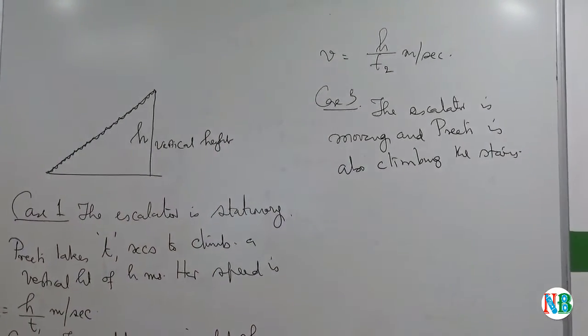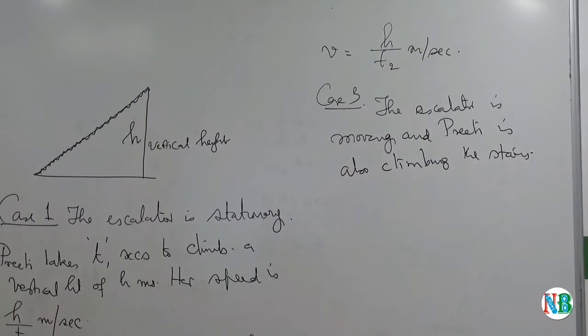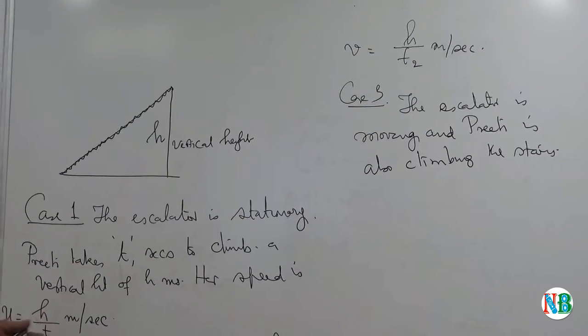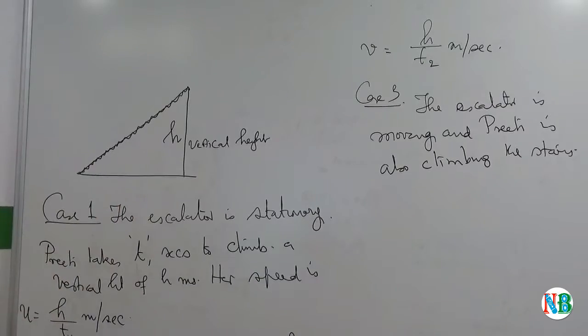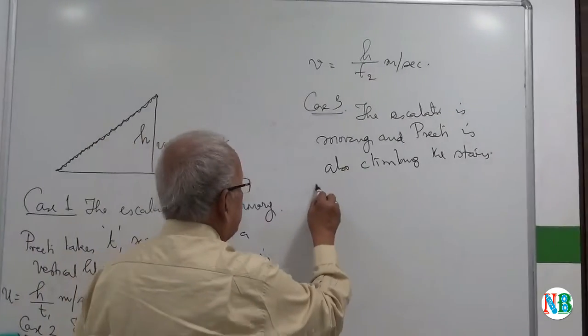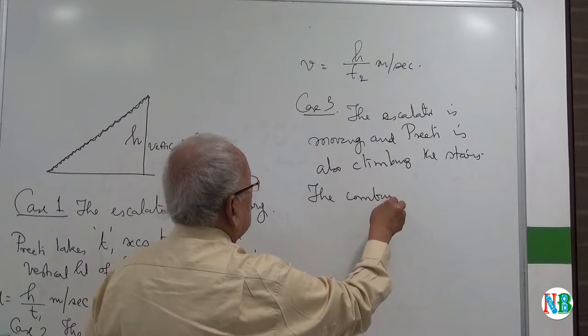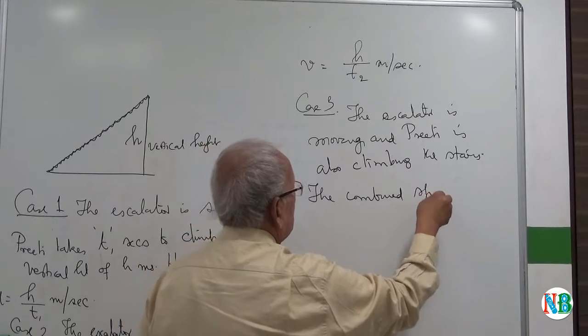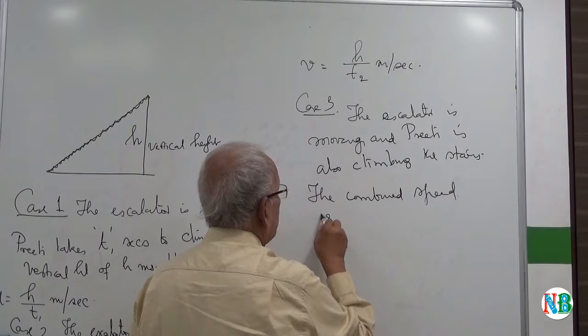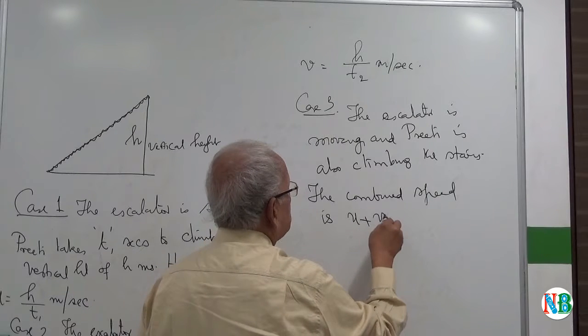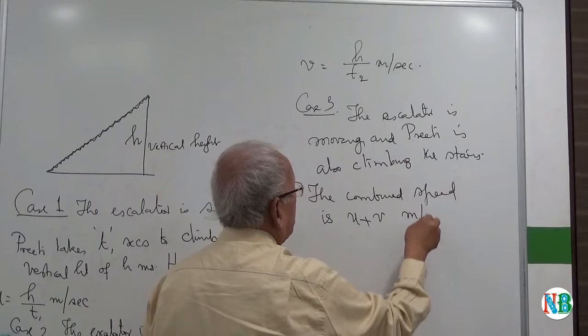So now it is the combined velocity. The escalator goes with a certain speed and she is also going with her speed. Therefore, the combined speed is u plus v meters per second.